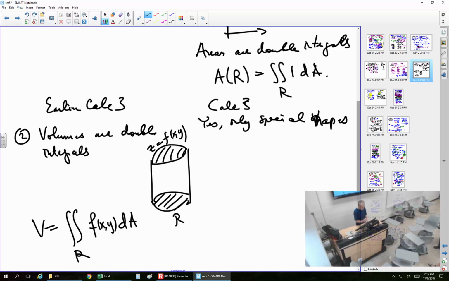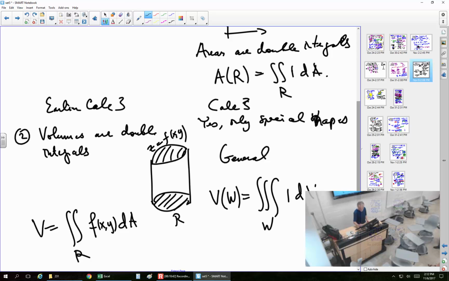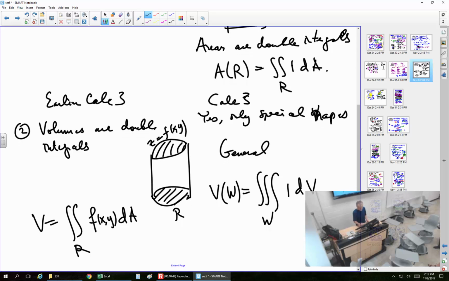Now we go beyond that, and in general the volume of a region, say W, is equal to the triple integral over W of 1 dV. So this applies to any solid in dimension 3 of any shape. It's the same thing. We'll see in a minute how these two match.